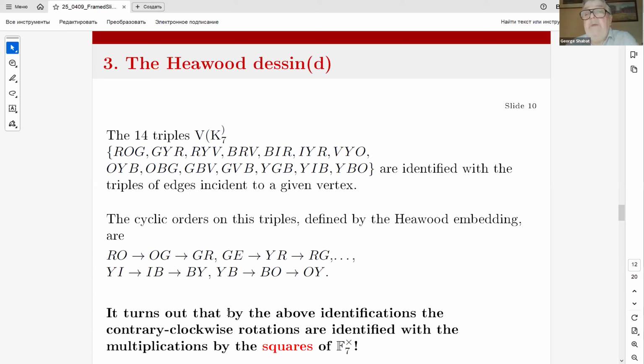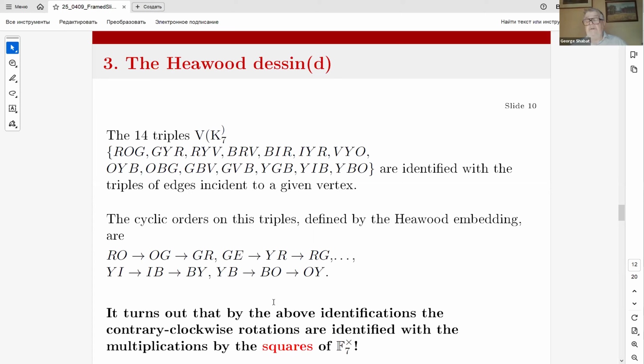And it turns out, maybe there is some advanced method, I just checked it by the detailed identifications, again, for which we need something like the picture I have shown.